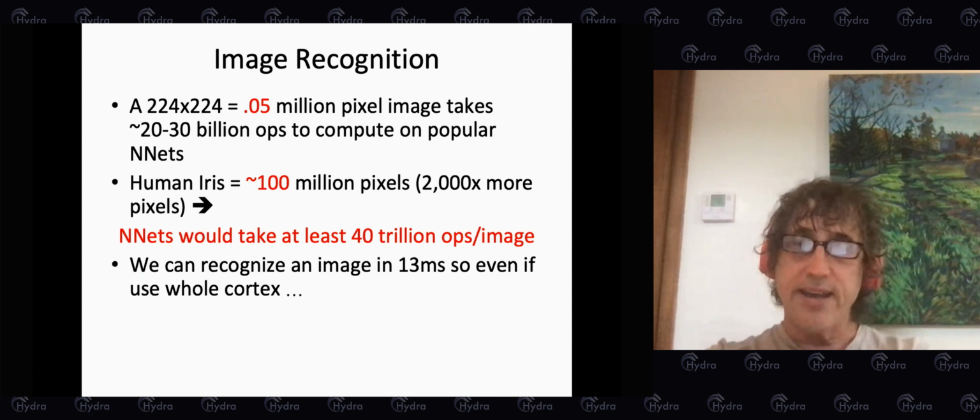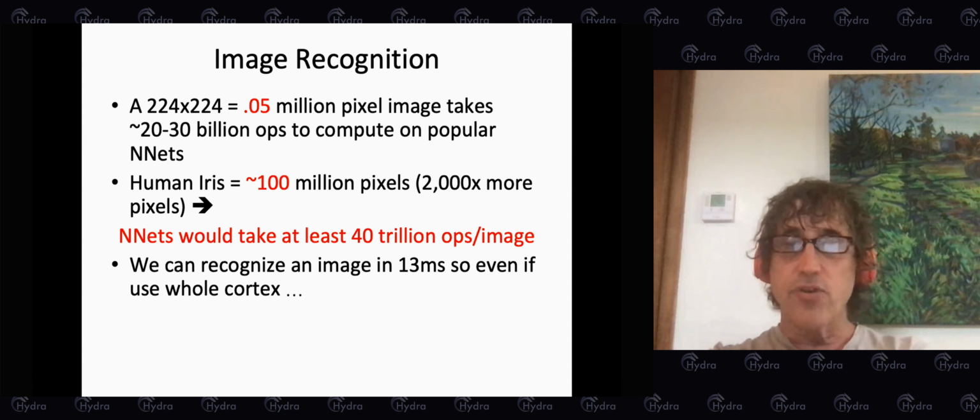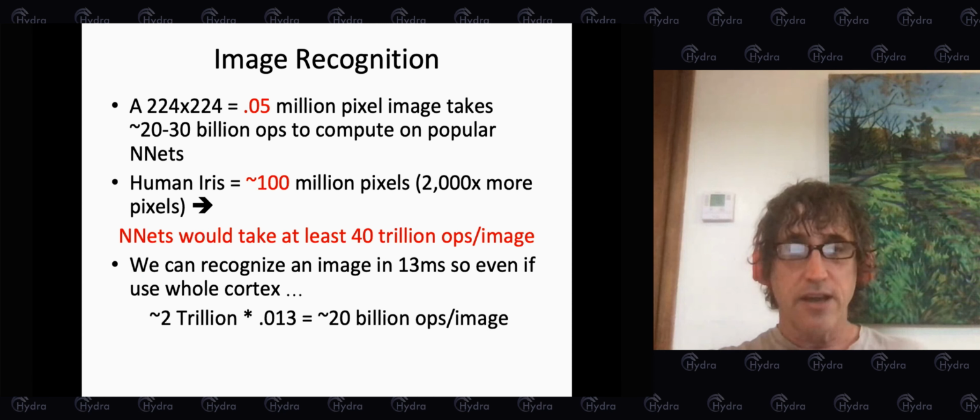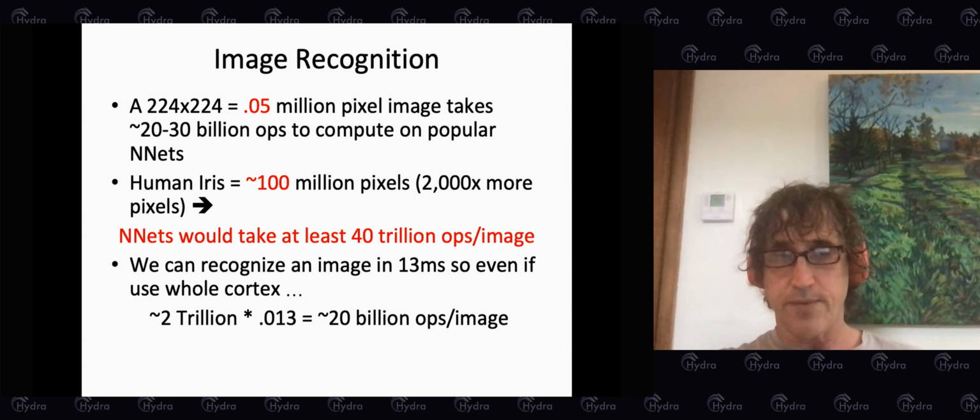Now, we recognize an image in about 13 milliseconds. So even if you use the whole cortex, 2 trillion times 0.13 firings per second is about 20 billion operations per image.